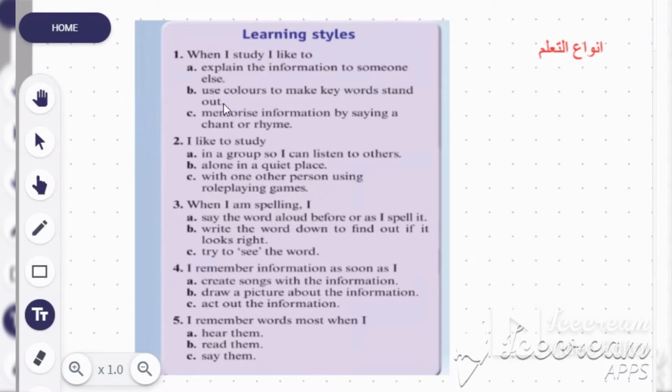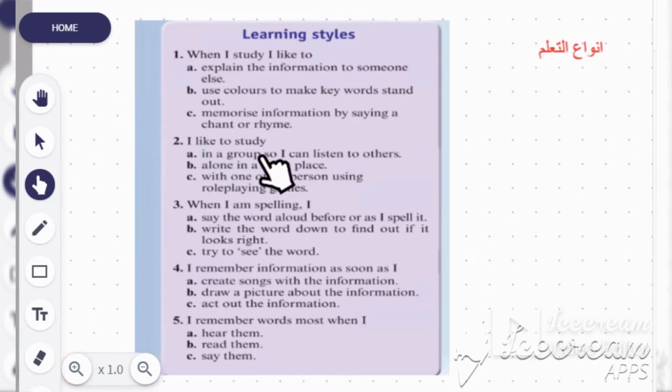You like to use colors or memorize information by saying a chant or a rhyme. Memorize يحفظ. Memorize information means يحفظ by saying a chant or a rhyme. لحن, يعني نعمل لحن. Make a rhyme to the information so you can remember it.